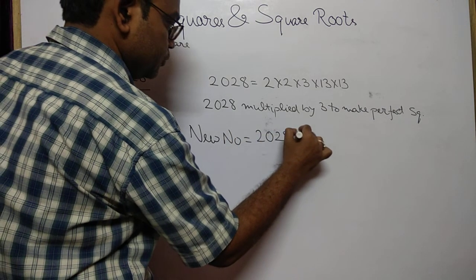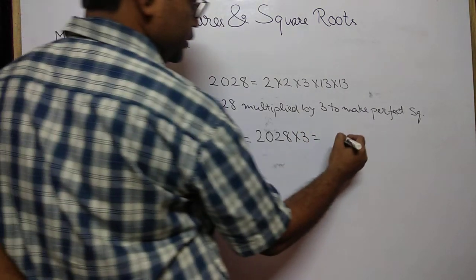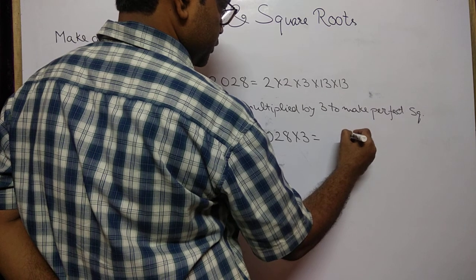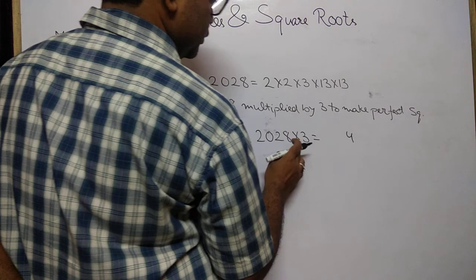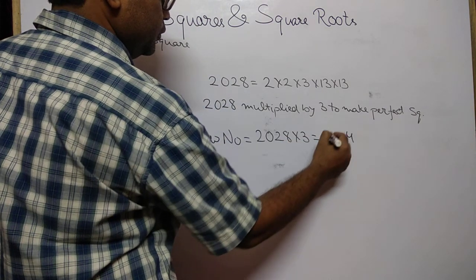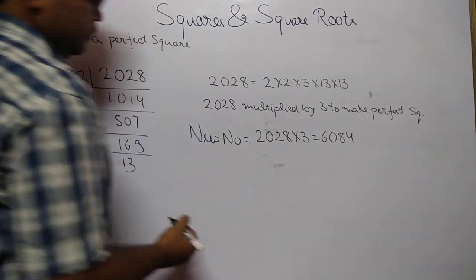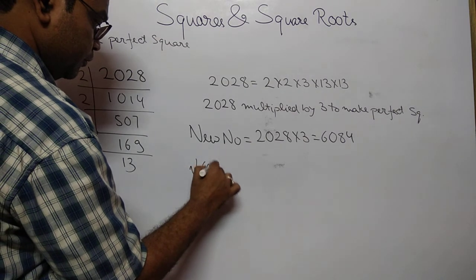2028 into 3, that is, we must multiply: 3 8s are 24, 2 carry, 3 2s are 6, 6 plus 2 is 8, 3 0 is 0, 3 2s are 6, 6084. And what is the square root of the new number? The square root of the new number is very easy.